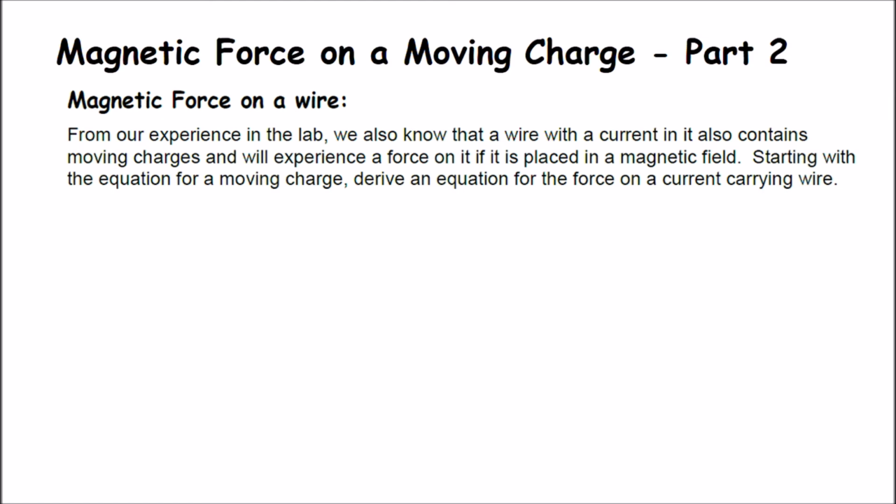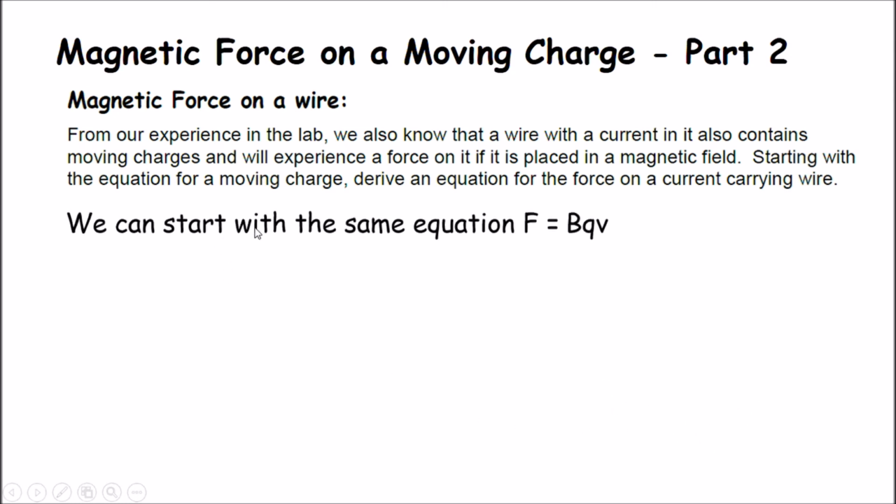So from our experiences, we know that we also get a force on a current carrying wire. So let's look at what's different. We start with the same equation. Force equals BQV. That's the great thing about physics again. Once we've learned something, we can use it again. All right, so here we go.